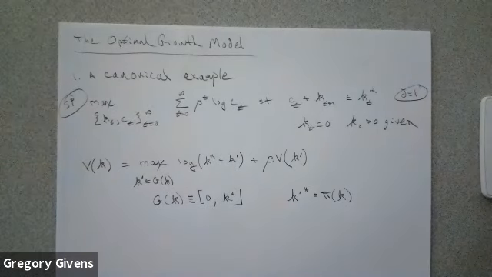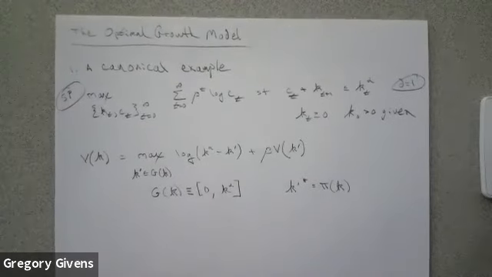And we want to do it using our dynamic programming theorems. So how do we go about doing this then? To establish that the value function exists and is unique and is bounded, and that there exists a unique policy function, what we need to do is go through and see if the canonical version of the optimal growth model satisfies those set of assumptions that we worked through in the last class.